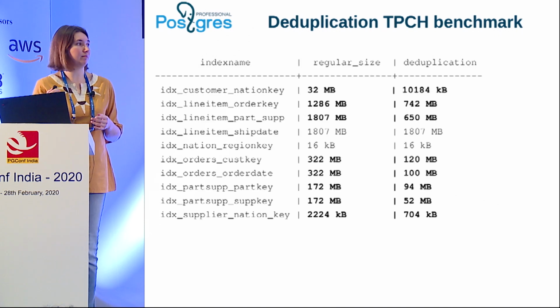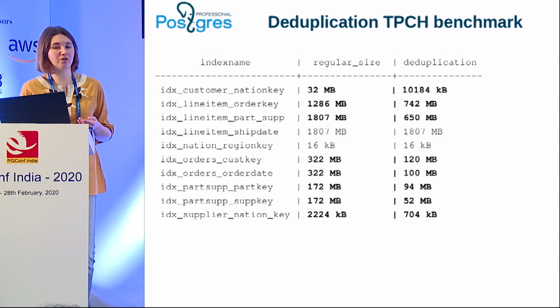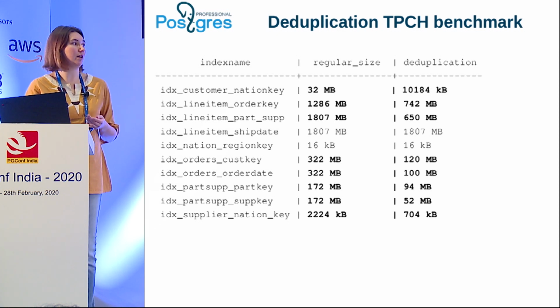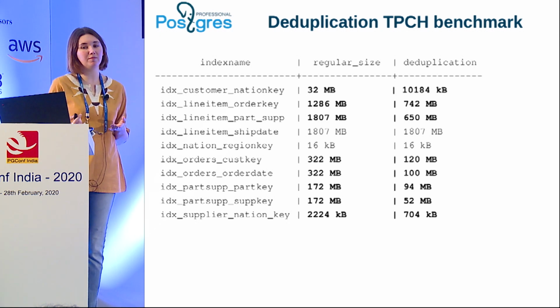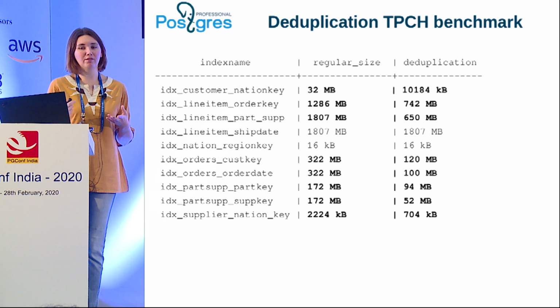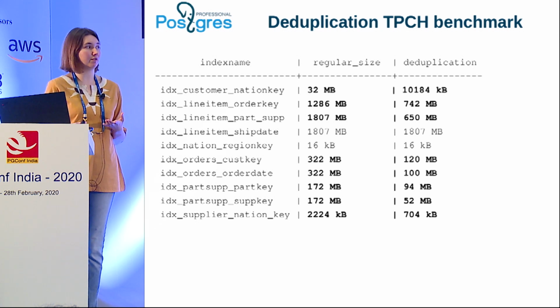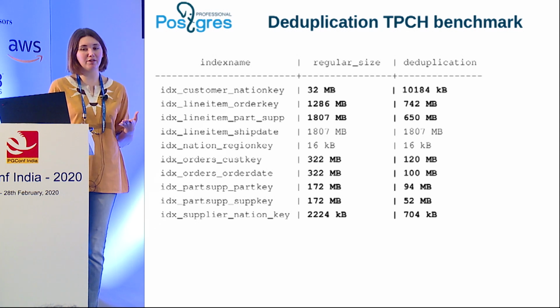Here are the actual numbers from the TPCH benchmark. You can see that those two indexes, which are not bold, are numeric indexes, thus they do not use this optimization, and their size is the same, while almost all other indexes are 2-3 times smaller. Again, it's totally transparent to the user.